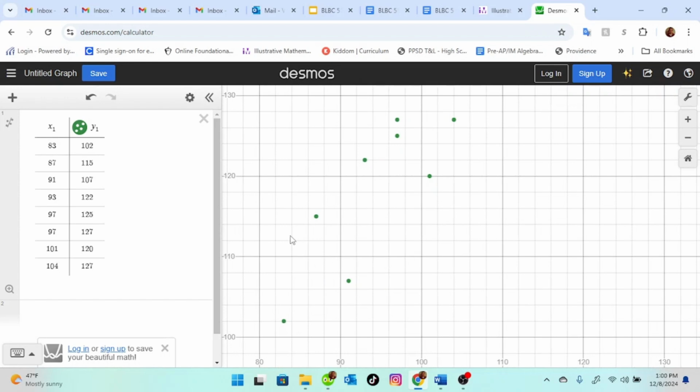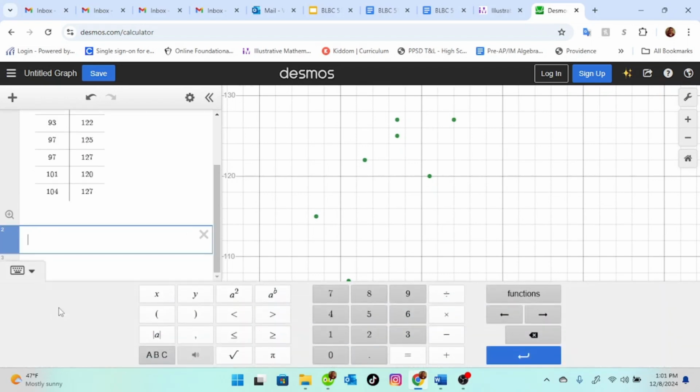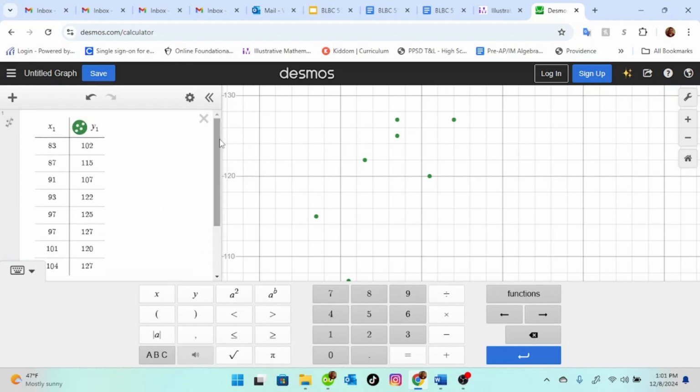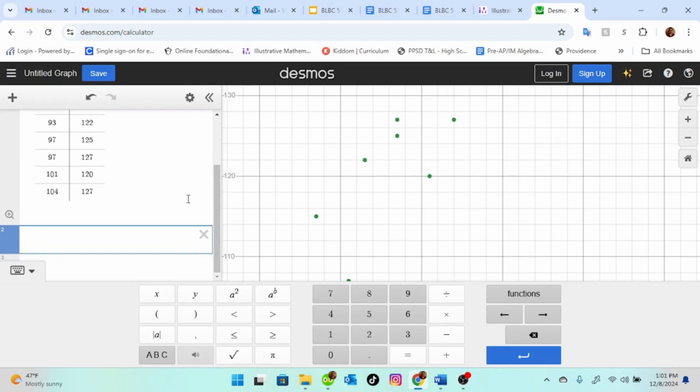In order to find the line of best fit, we're going to click right below the table to open the next line. And when we type these, notice they're calling it x sub 1 and y sub 1. So you're going to type in the slope-intercept form of this equation.